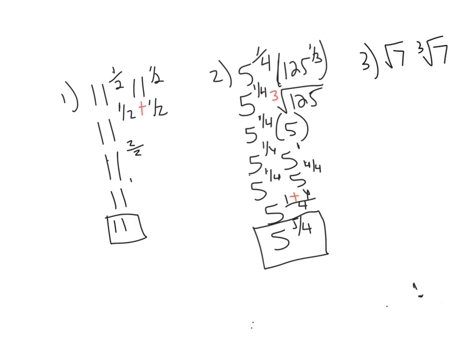So square root of 7 is the same as saying 7 raised to the 1/2. Cube root of 7 is the same as saying 7 raised to the 1/3. Well, now that I write it as an exponent, I can use our laws of exponents. Well, two bases, base is 7, base is 7. What can I do with the exponents? I can add the exponents.